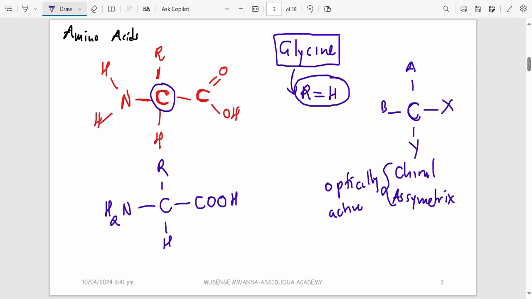The light is going to turn. That's the meaning of optical. Optical means light. So optically active means it can turn light. But glycine, because it is achiral or symmetric, is optically inactive. It can't turn plane polarized light. Light will just pass through it. That is very important for you to take note. Very, very important.